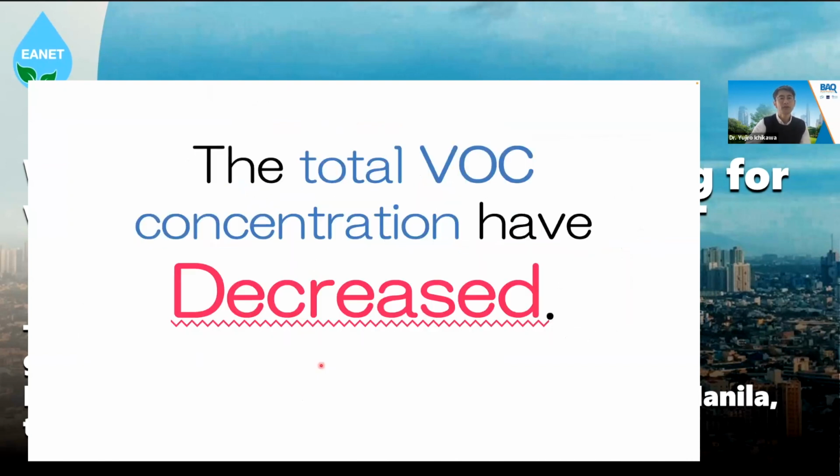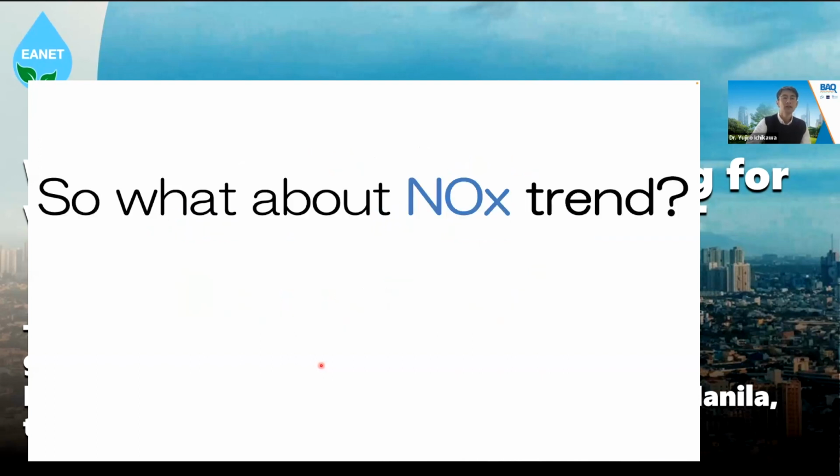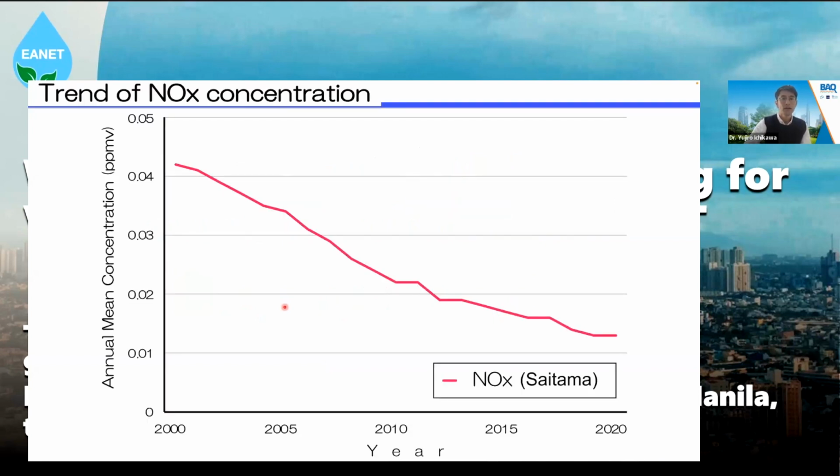So the previous slide showed that the VOC concentration, especially in urban and suburban areas, has decreased. So what about the NOx trend? As I explained a little bit earlier, NOx is another key substance for photochemical ozone. This is the trend of NOx concentration from year 2000 to 2020 in Saitama.